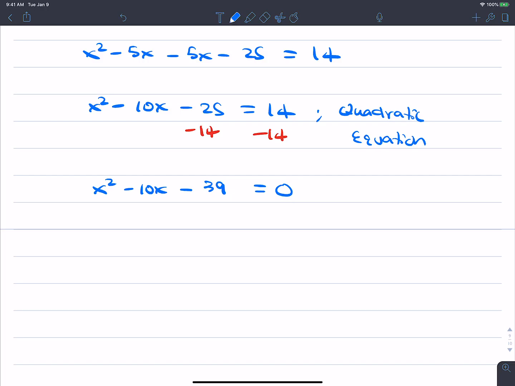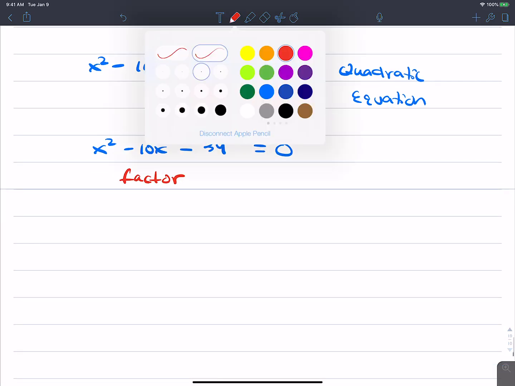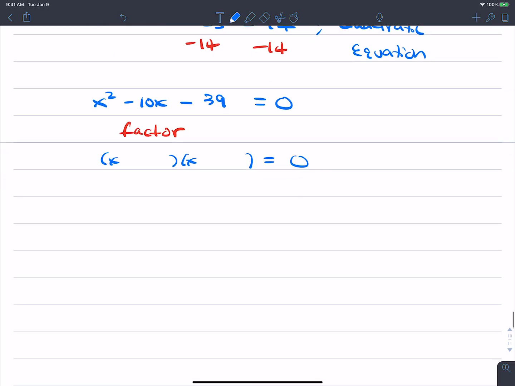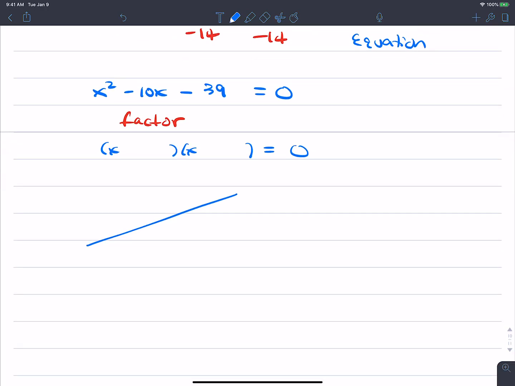So how do you guys solve quadratics again? You can factor and then you use the zero product rule. Is that right? So when you factor now, x, what do you guys get? Do you guys remember this procedure back again from high school?